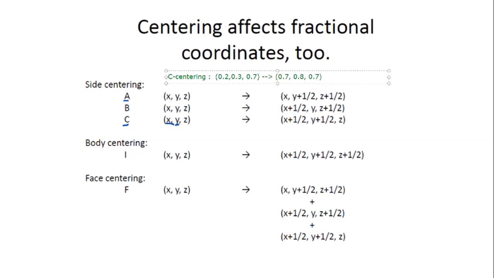So you would actually have two sets of origins in this unit cell. One is the primitive, one is the C center. That's where you get your two lattice points from.